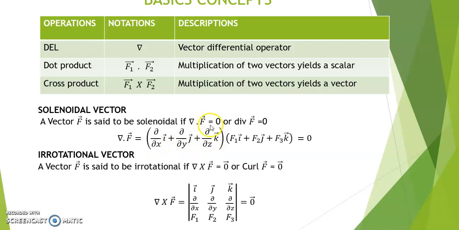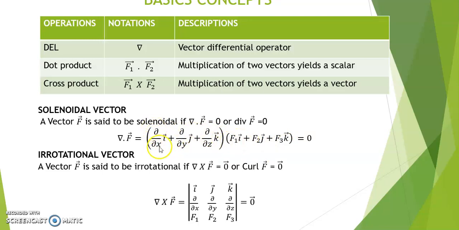How do I write the f vector? The f vector will be given in the problem, but just for the explanation's sake, I have taken it as f1 i vector plus f2 j vector plus f3 k vector. When I take the dot product, i vector and i vector get multiplied and dissolve.